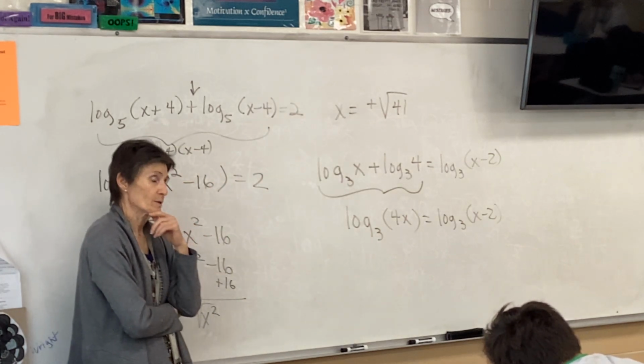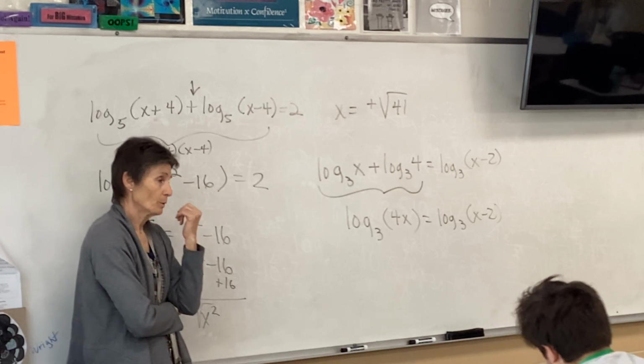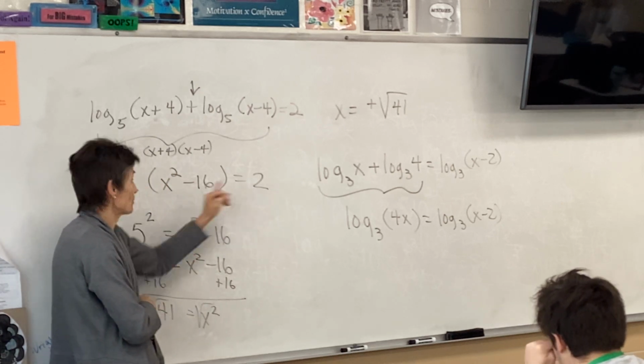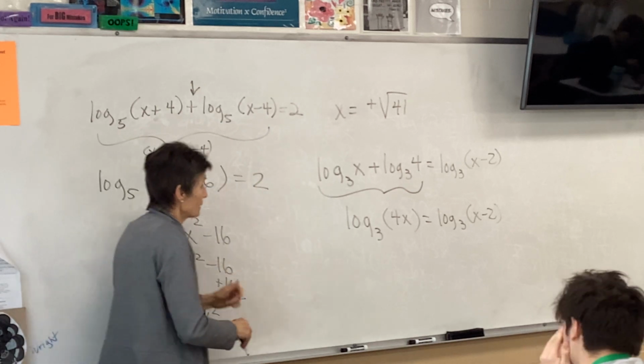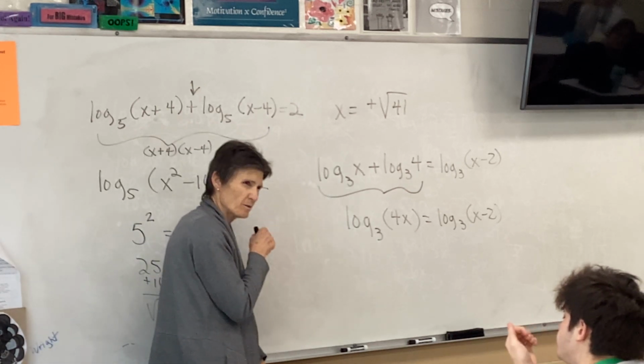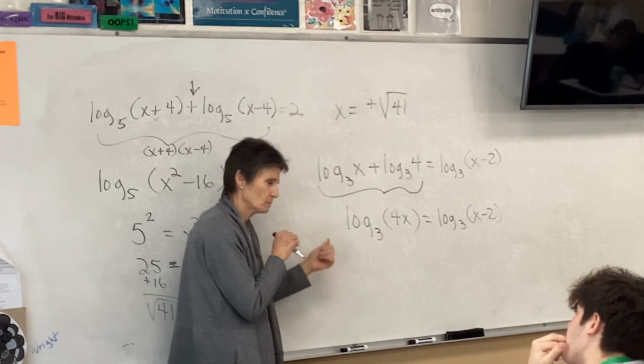And you're not going to log rule this. You can only log rule if you have a number over here, so you can do 5 to the second power. I want you to use your common sense on that though.